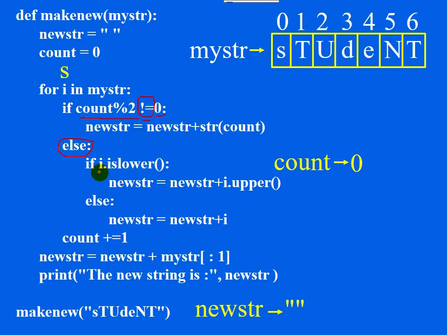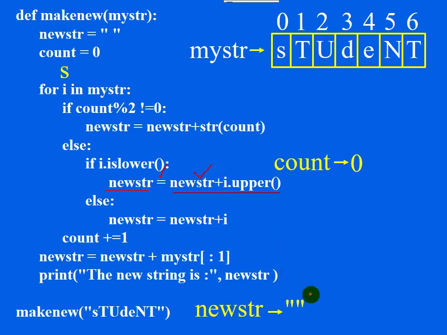Okay. Now I contains small s. I dot is lower. The is lower function, what it does is, if I contains lowercase alphabet, it returns true. Otherwise, it returns false. So small s is a lowercase alphabet. So I dot is lower returns true. So here the condition is true. So this statement will be executed. Now what's the meaning of assignment operator? Right hand side is assigned to left hand side.